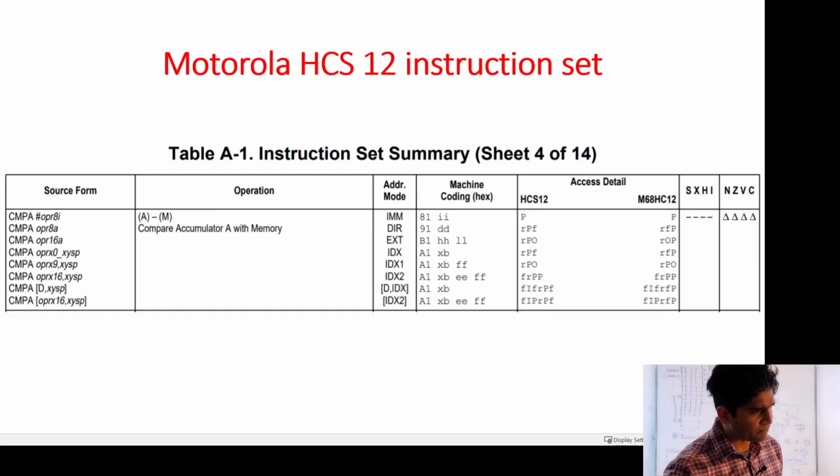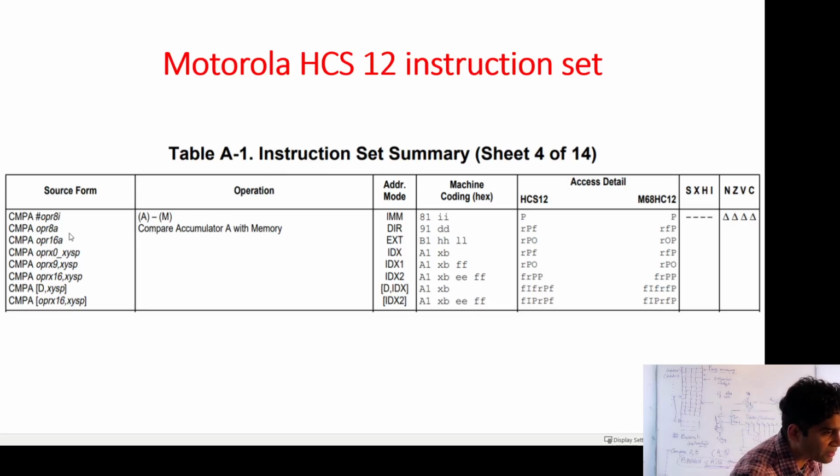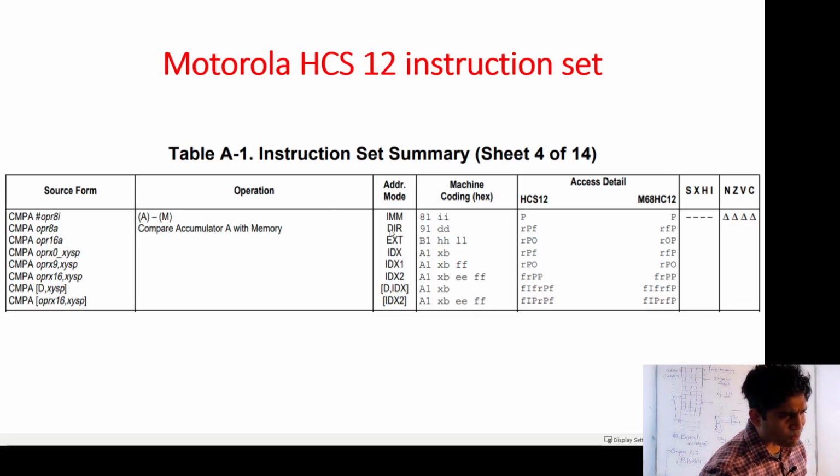Okay. And we've already seen this. These are your compare operations. So let's say you're comparing A to the content in memory location M. The operation that happens when you write this instruction is an A minus M operation. That's what happens at the hardware level. Let's not worry about the addressing modes; you will study them in the next class.